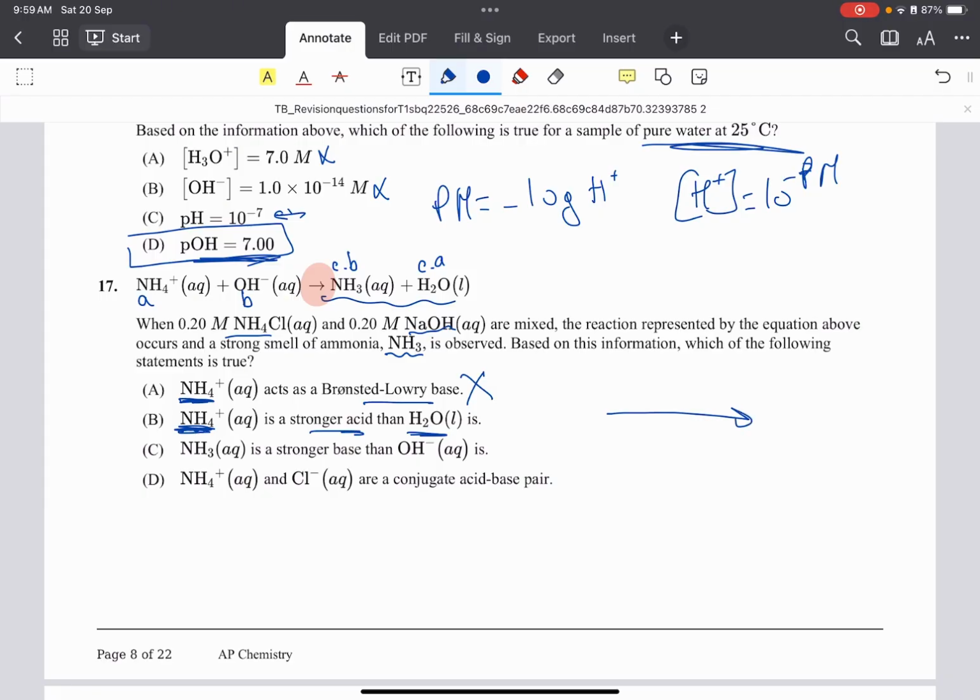They are trying to tell you that this reaction moves forward, and the reaction always moves in the direction from stronger to weaker. So as a base, this is stronger than this base. As an acid, this is stronger than this acid. So this answer is correct. NH3 is a stronger base? No. And NH4 plus and Cl minus are pairs? No.